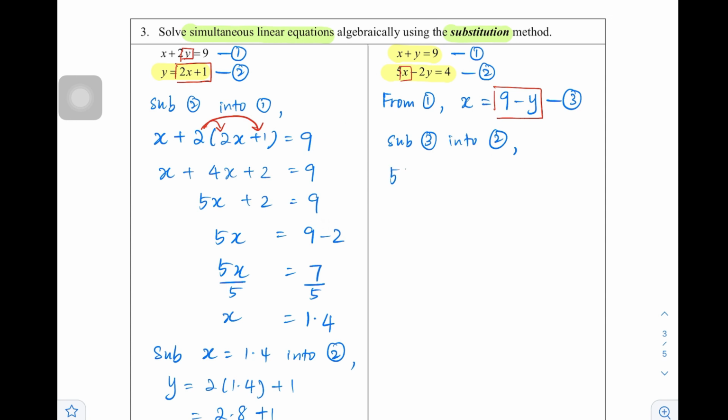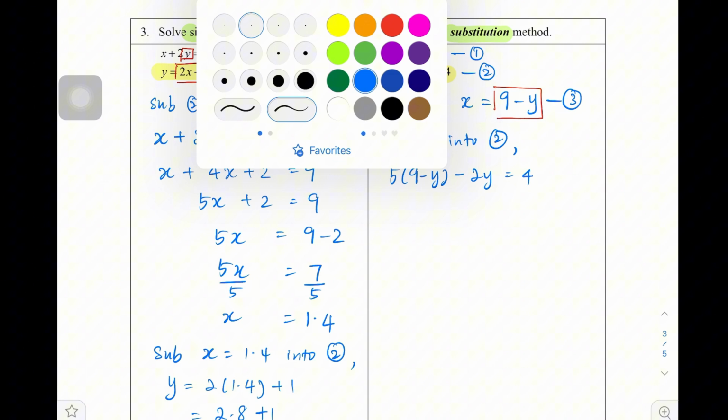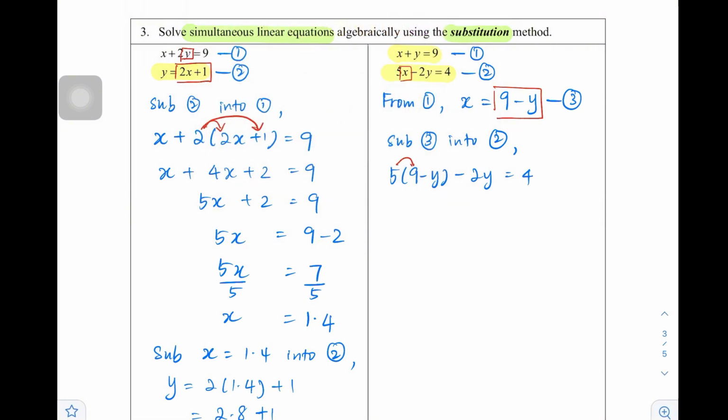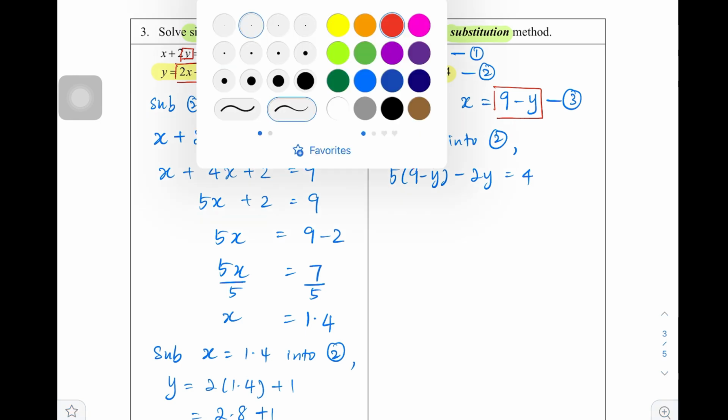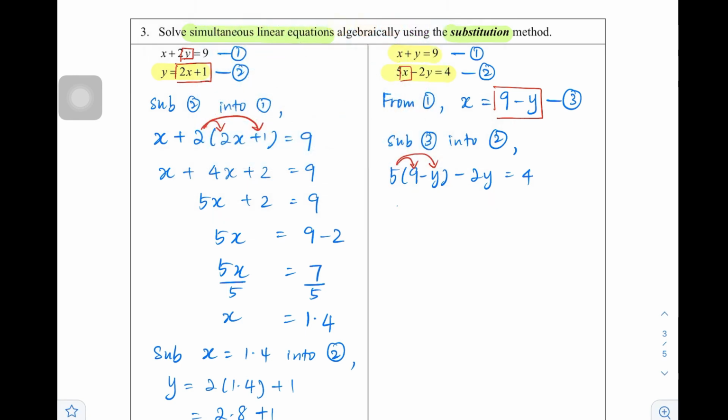So I will have 5 times x, which is 9 minus y, minus 2y equals 4. Now I would need to expand by distributing 5 into 9 minus y, and this will give me 45 minus 5y minus 2y equals 4.